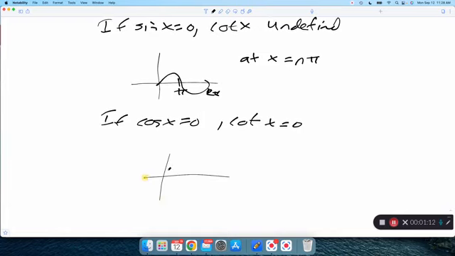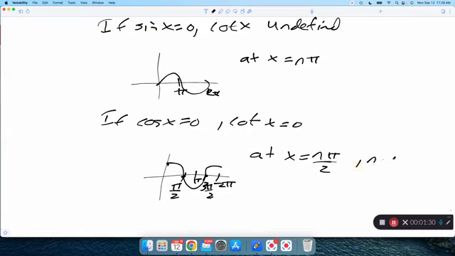Where does cosine equal 0? That's pi over 2 and 3 pi over 2, right here and here, at x equals n pi over 2, where n is odd. The odd pi over 2's.